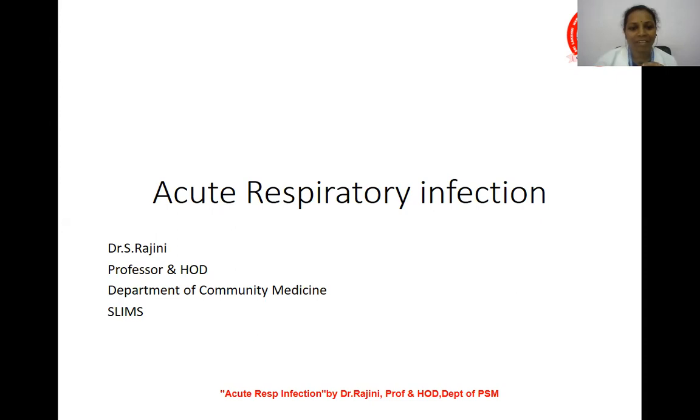Can you give me examples of infections transmitted through the respiratory route? Pox, mumps, measles, rubella. All these infections are mainly through the respiratory route. Now coming to the next one, acute respiratory tract infection.